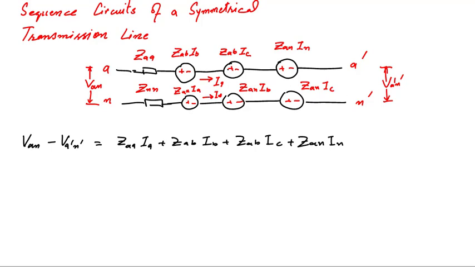We are moving across this loop in a clockwise direction. So this is the equation of the voltage difference between these two.